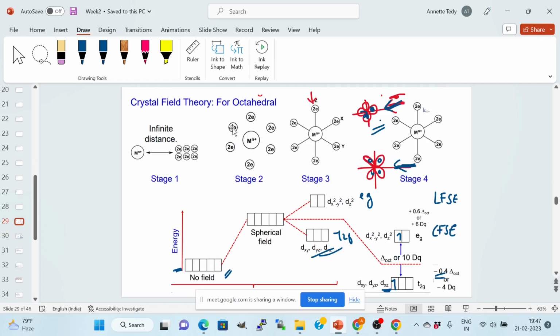That is actually the linear combination of two orbitals. It is not a single orbital. dxy, dxz, dyz are single d orbitals, but dx square minus y square is actually a linear combination of two different orbitals. Right now I don't have the pictures to discuss it.